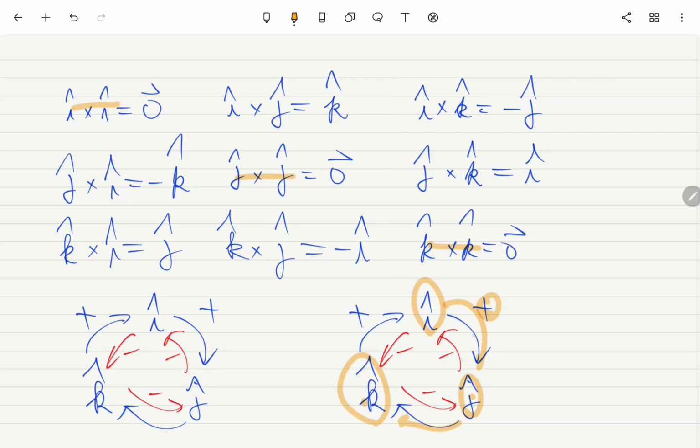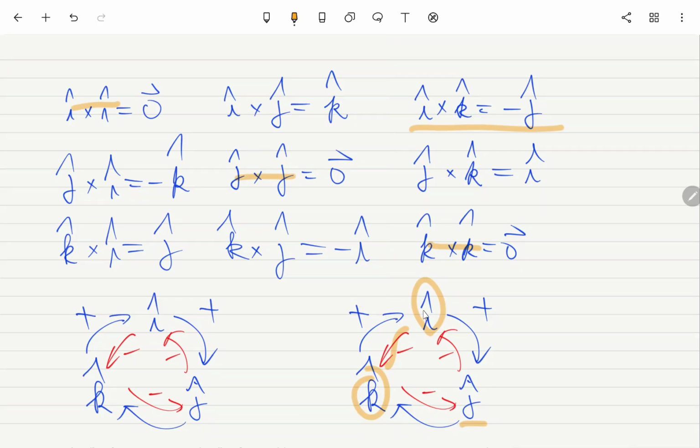But if it is counterclockwise, which means we start from i and cross it with k, it will go through the negative side. i cross k will be negative j. k cross j will be negative i. j cross i will be negative k.